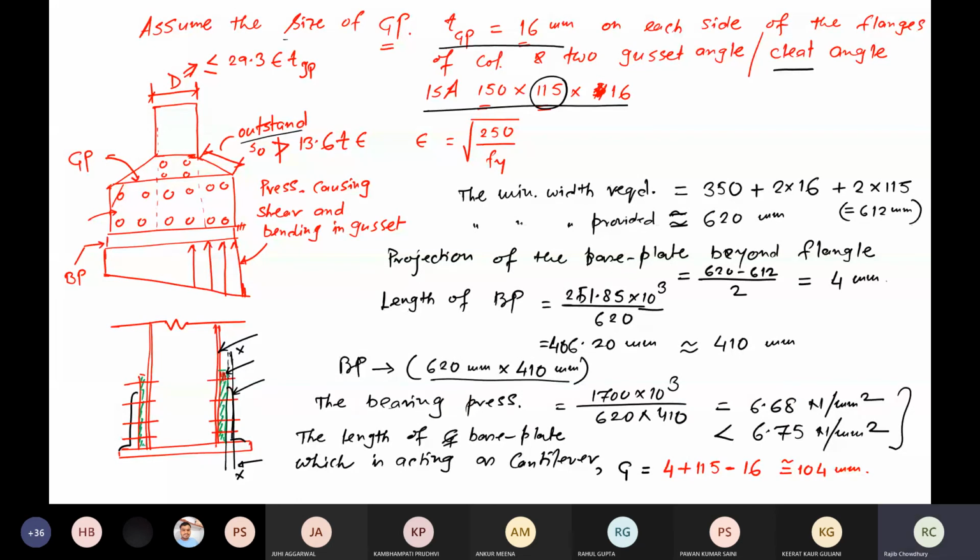So that much minimum depth is required for the gusset plate.